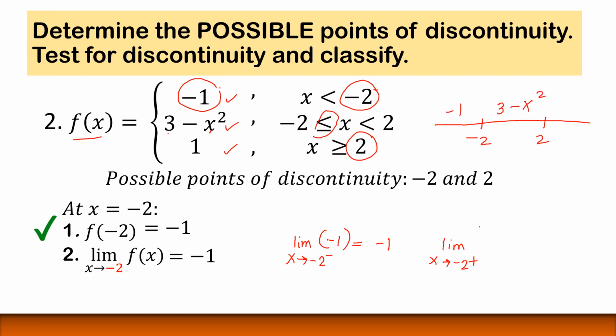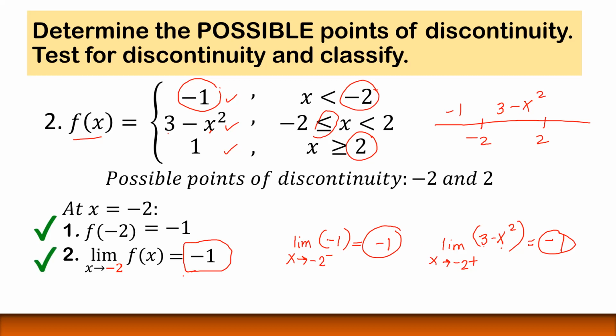So we'll be making use of the 3 minus x squared to replace the f of x. So 3 minus 4, this would be 3 minus 4. Yun yung i-approach niya value and that's negative 1. So this and this are equal. So the limit exists and is equal to negative 1.